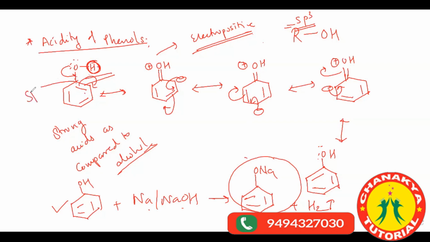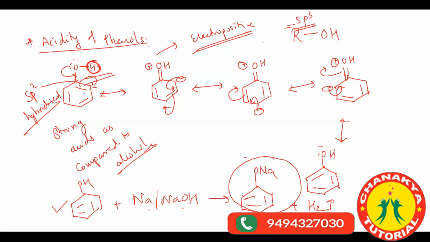Means this carbon is sp2 hybridized, right? And as it is sp2 hybridized, electron density or electron delocalization happens more towards the carbon. And earlier we have learned what? If electron density or electron delocalization is more towards the carbon, the bond becomes less polar, isn't it? Polarity would increase or decrease?